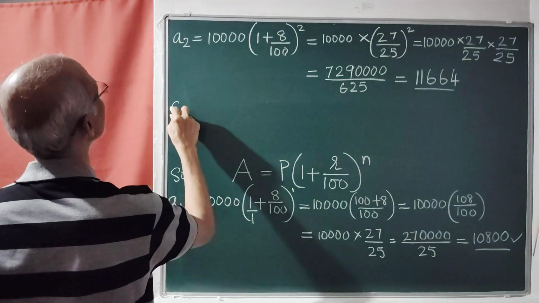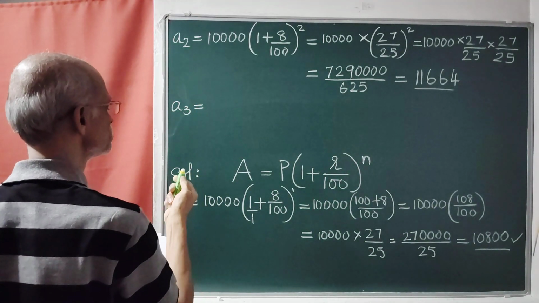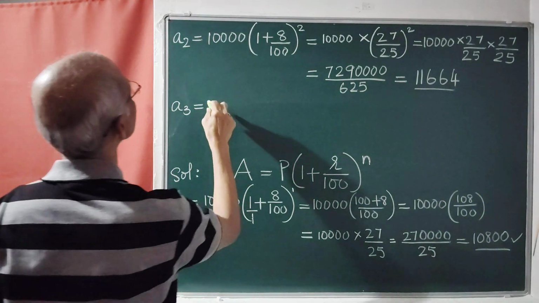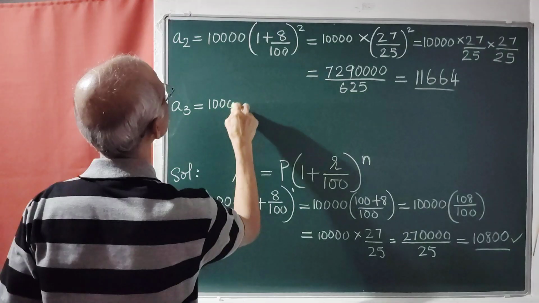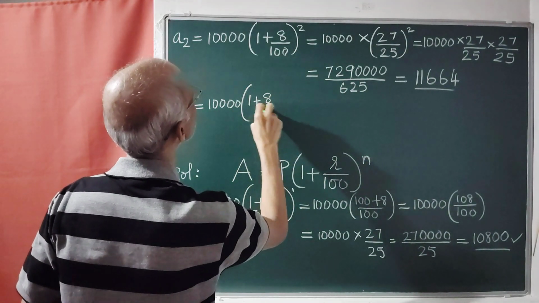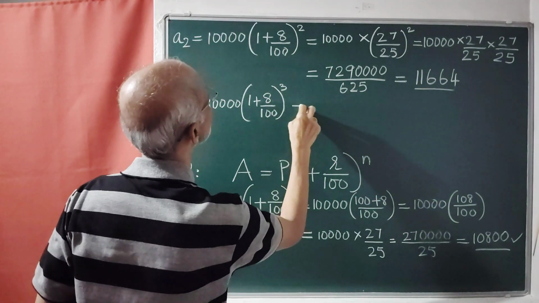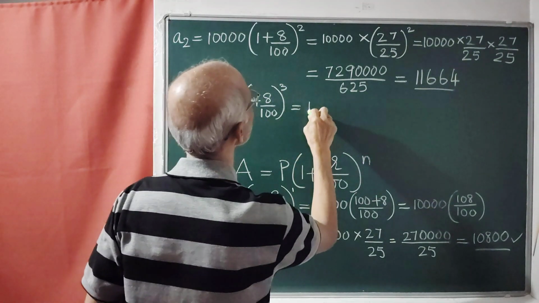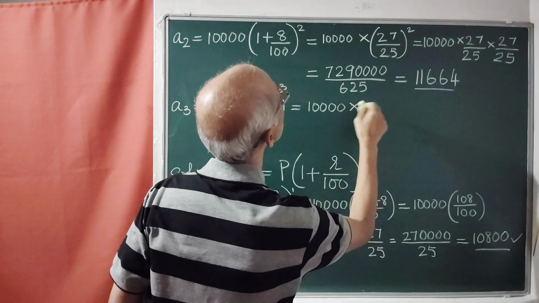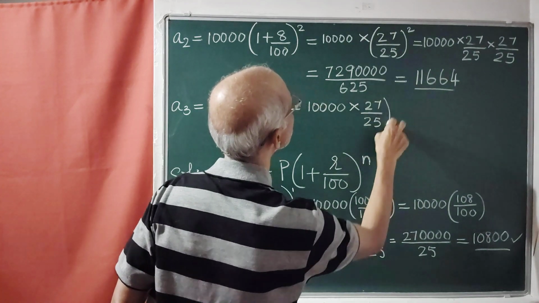Now we will see what is the amount left after 3 years. It will be 10,000 into 1 plus 8 by 100 raised to 3. What we get? 10,000 into 27 by 25 cube.